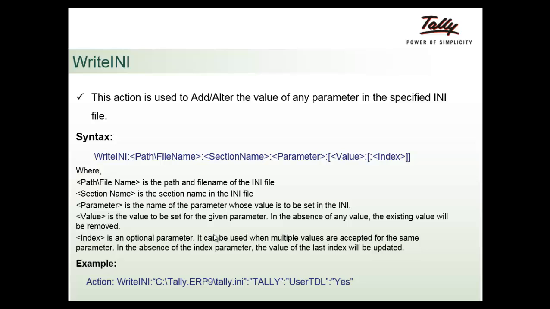Then the index is given, which is an optional parameter, and it is given only when multiple values are accepted for the parameter. If this index is not present, then the value of the last index will be updated. If you have not given any value or index, then in the absence of any value, the existing value will be removed.